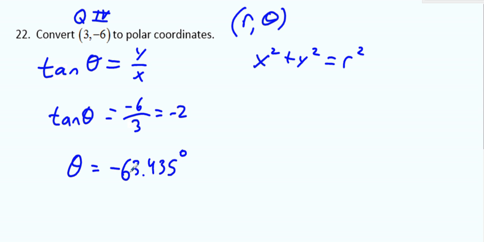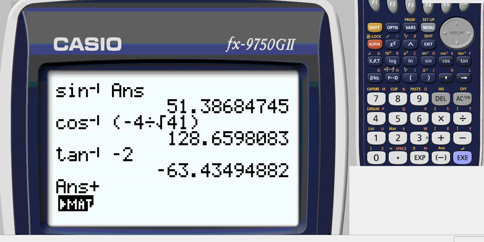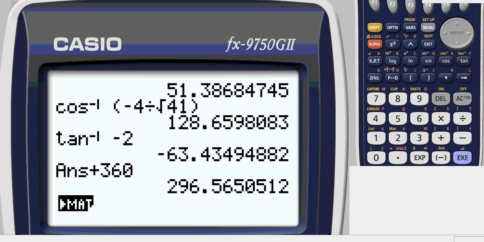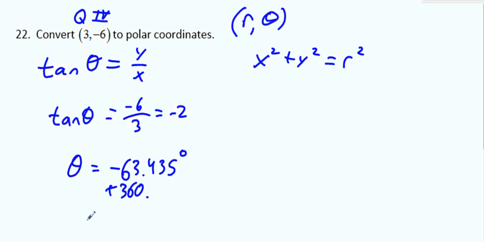So if we just add 360 onto this, that gives us the same positive angle in the correct quadrant: 296.565.